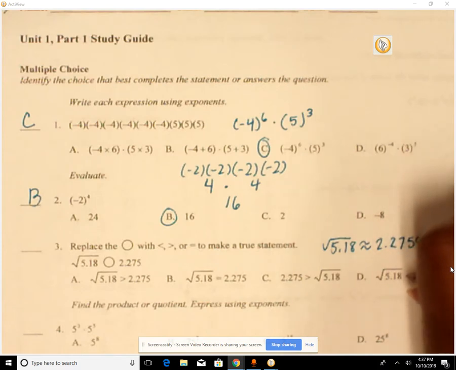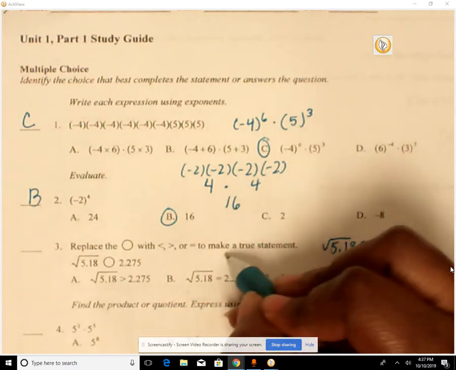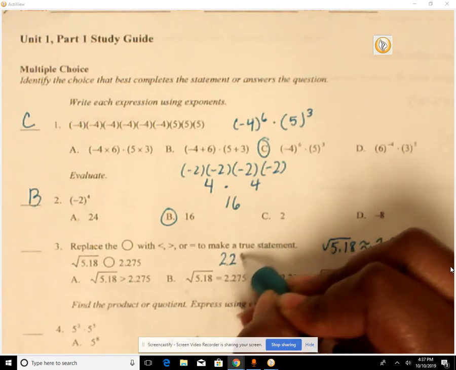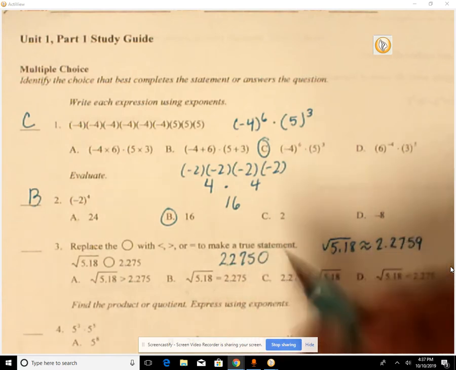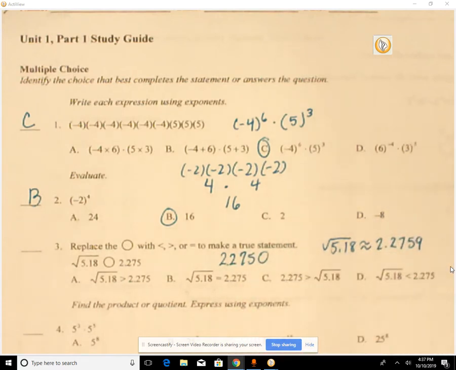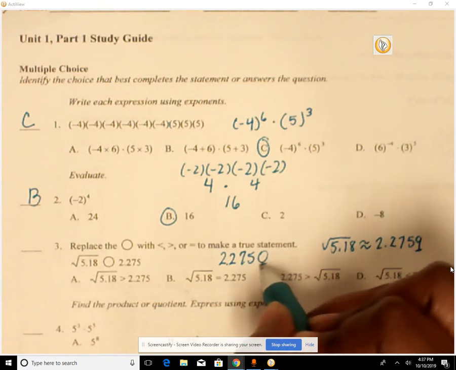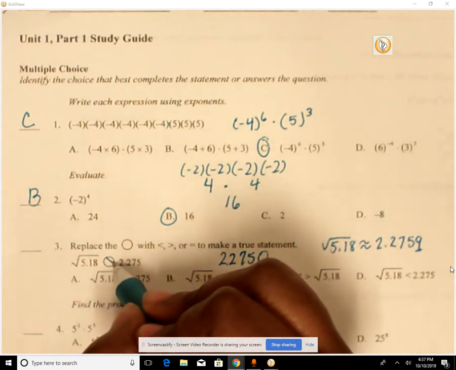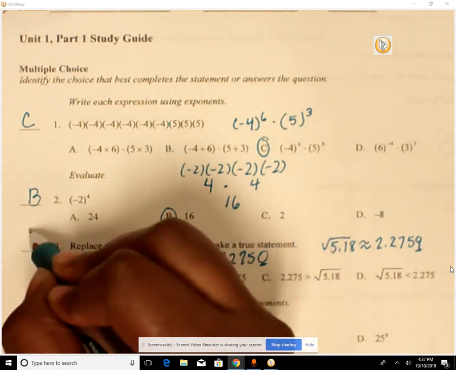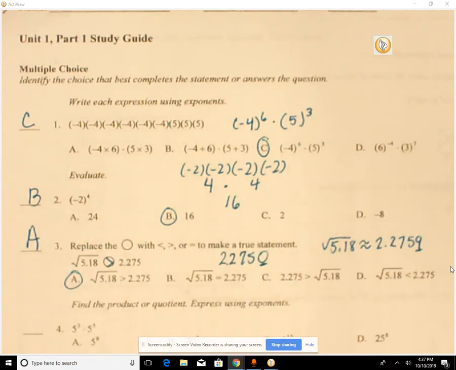This one would be 2.275 because if there's nothing there, it's a terminating decimal, you add a 0. So 9 is definitely bigger than a 0. So this should have been greater than. So A. If you got that wrong, it's okay. You can get it right.